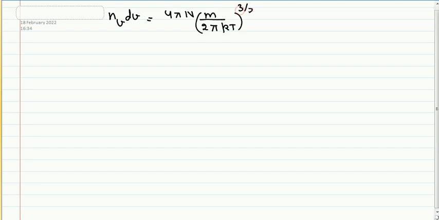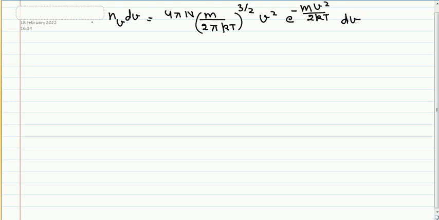So it is nV dV is equal to 4 pi n, and then it is m upon 2 pi kT to the power 3 by 2, and then v square e to the power minus mv square upon 2kT into dV.